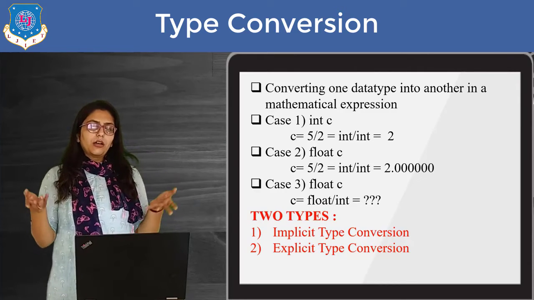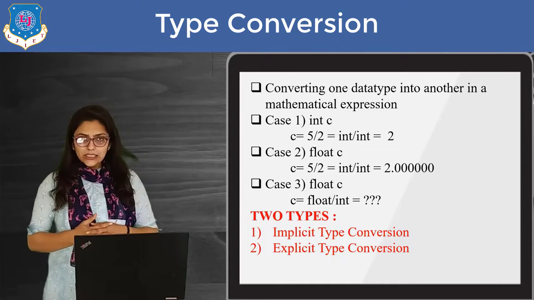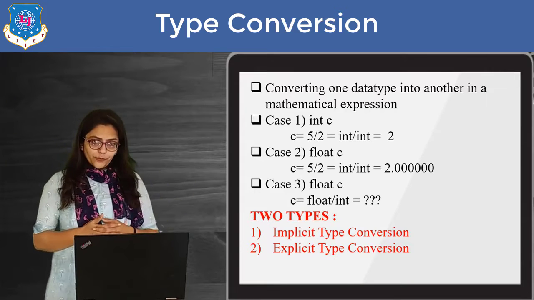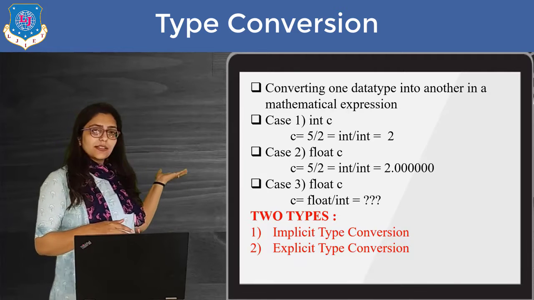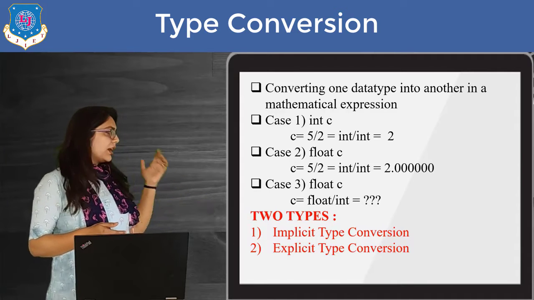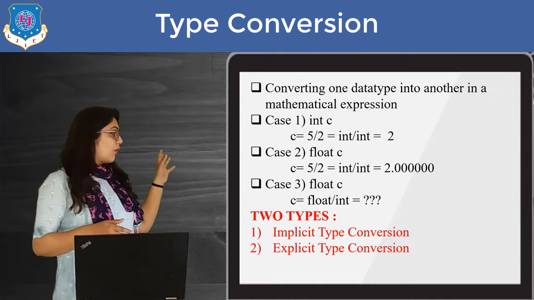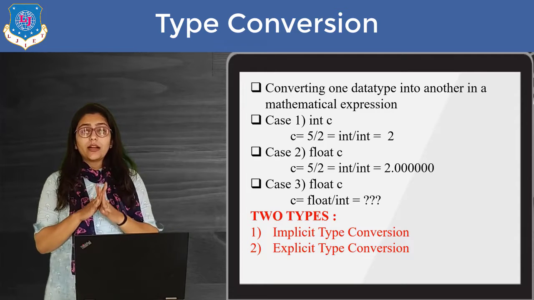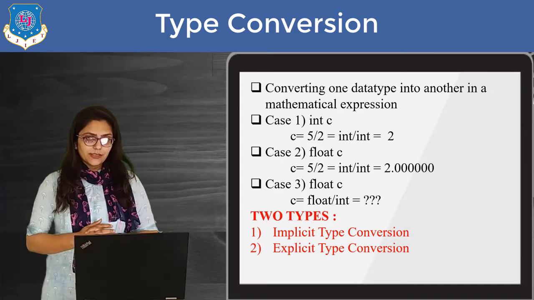You can say, ma'am, can't we get the correct answer by just declaring c as float? Yes, you can try. You can declare c as float. Now c is declared as float, but a and b, or say these constants, are integers, right? And you are again dividing 5 by 2. Now what is the answer? If you are practically implementing this, you will see that you are still getting 2.000 answer up to 6 decimal places.